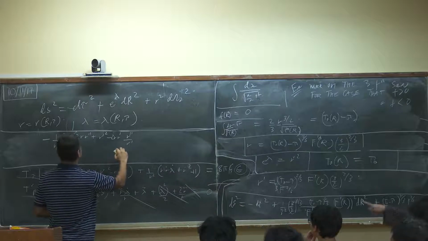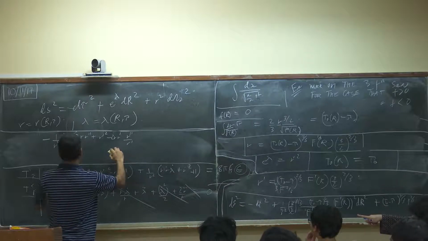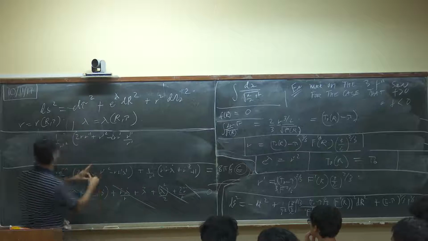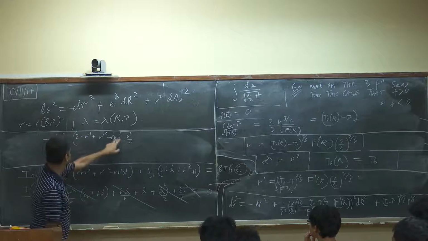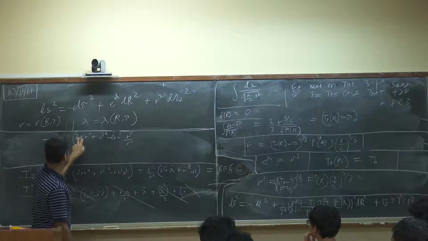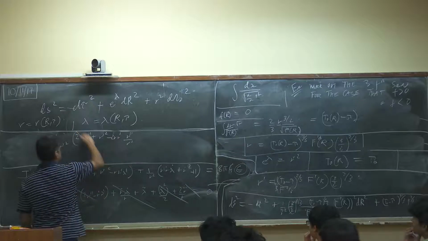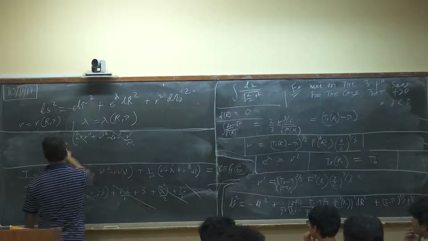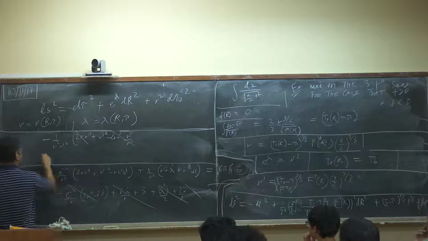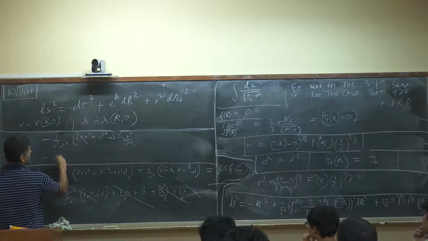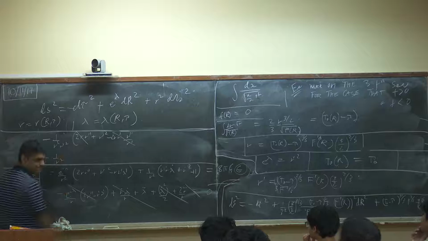And r prime squared cancels with r prime squared downstairs. So this and this cancel, and this first term here was just minus 1 by r squared.